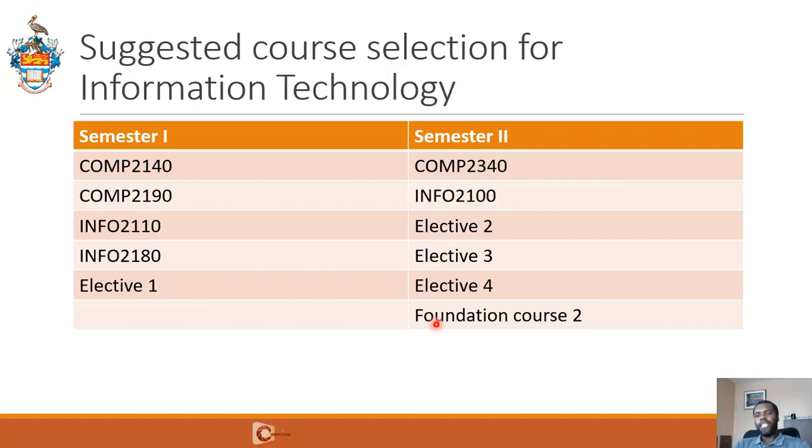If your major is information technology, in semester 1, you should take Comp 2140, Comp 2190, Info 2110, Info 2180, and an elective course. And in semester 2, you take Comp 2340, Info 2100, and 3 more elective courses and the foundation course.